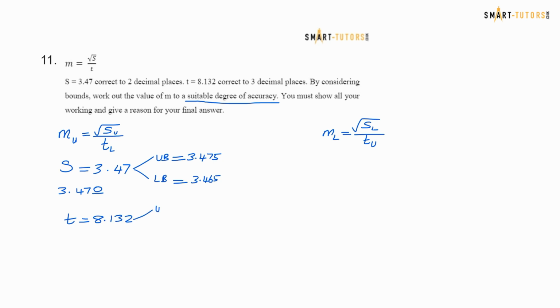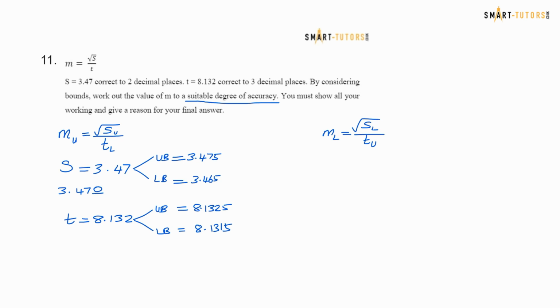So the upper bound of T is 8.1325. The lower bound is 8.1315. So these are the two answers we need to calculate.